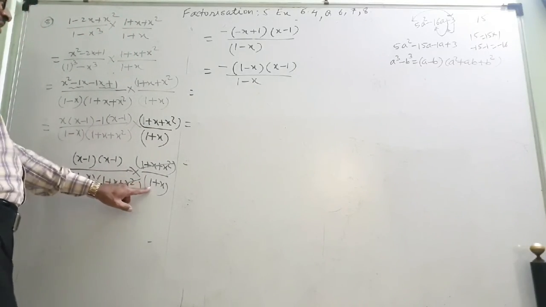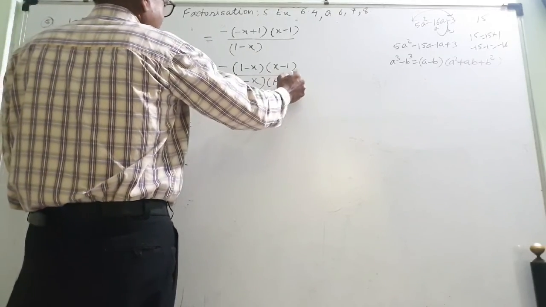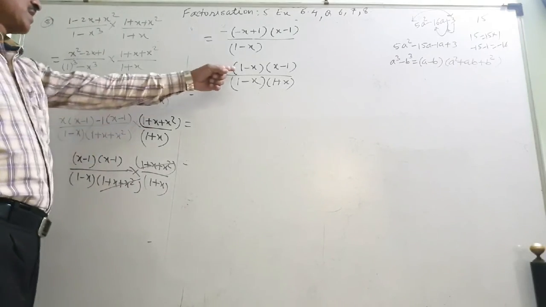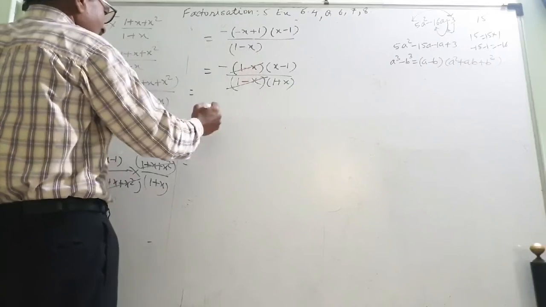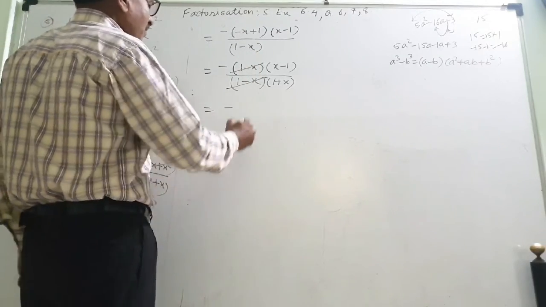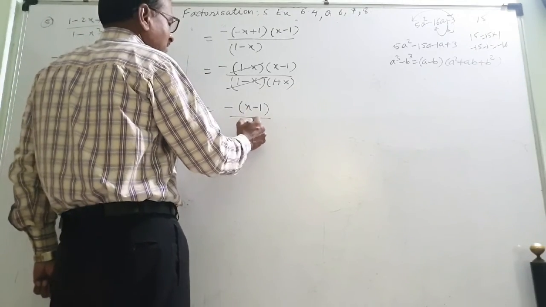And this also I will take here, 1 plus x. This along with this, x minus 1, that is converted to 1. Now this has got cancelled. So this is equal to minus of x minus 1 upon 1 plus x.